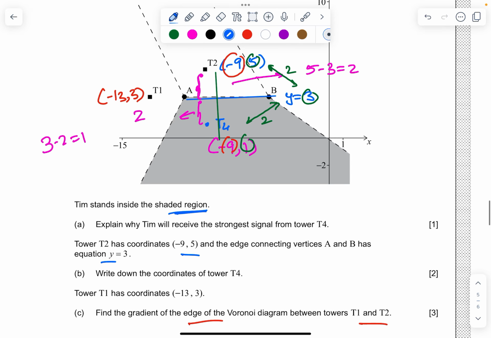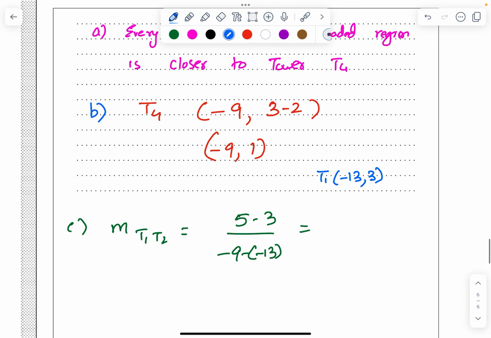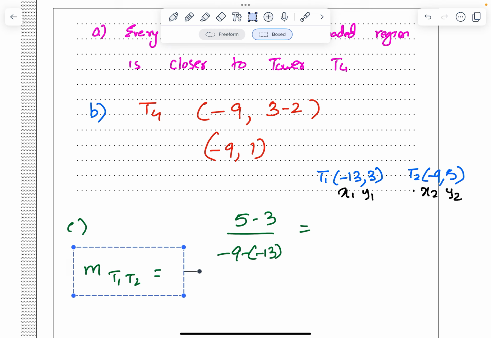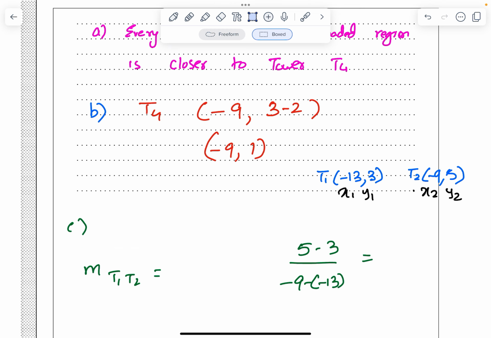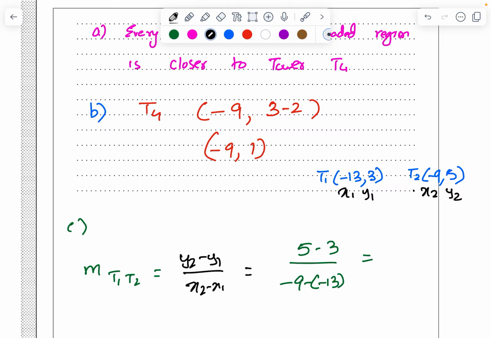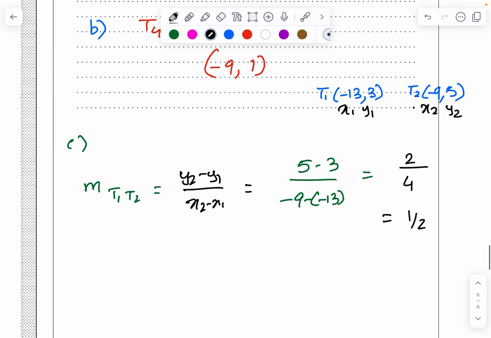The formula for the gradient is y2 minus y1 upon x2 minus x1. T1 was minus 13, 3 and T2 was negative 9, 5. So this becomes x1, y1 and this becomes x2, y2. So it is 5 minus 3 upon minus 9 minus of minus 13. So 2 upon 4, which is 1 upon 2. The gradient of the edge is going to be perpendicular, so it will be negative 2. That's going to be the answer.